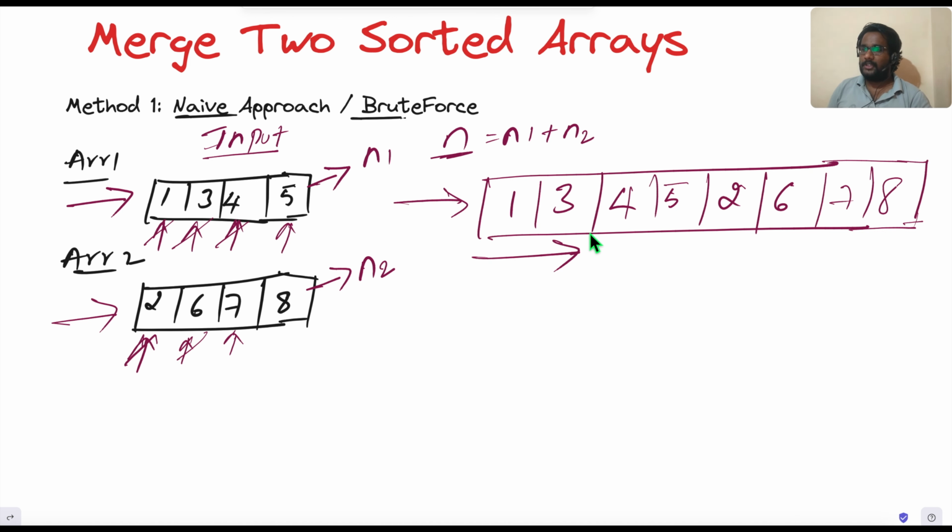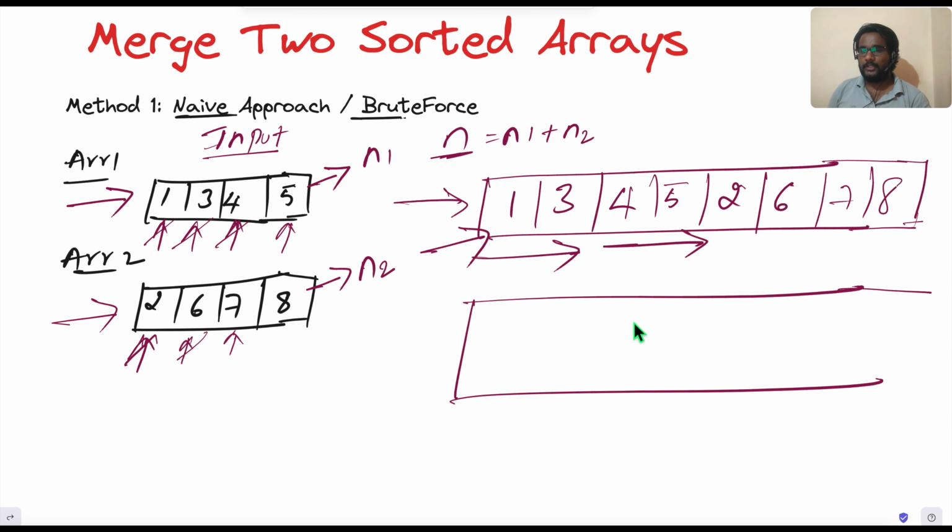But if you see here, this is not the expected output because it is not sorted; it is just array 1 and array 2 merged in random order. So now we need to sort this array, and that will be the expected output. To do that, we should do a sort. We can use merge sort or any other sorting.